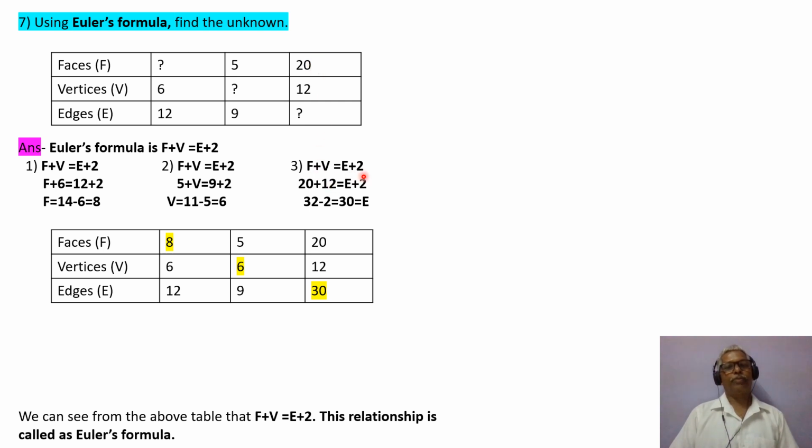F plus V equal to E plus 2. 20 plus 12 equal to E plus 2. So E is equal to, this is 32. 32 minus 2 is 30. This is given here. Okay. So you can see from the above table that F plus V equal to E plus 2. This relationship is called Euler's formula. We have been using this and we will be using it even after this.